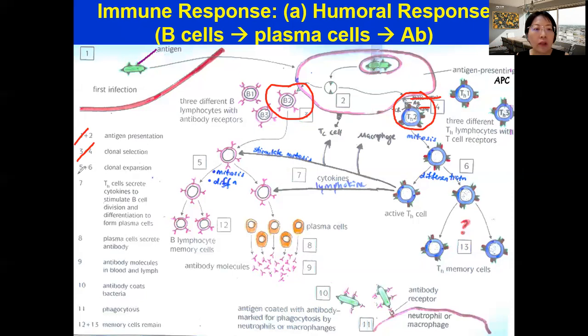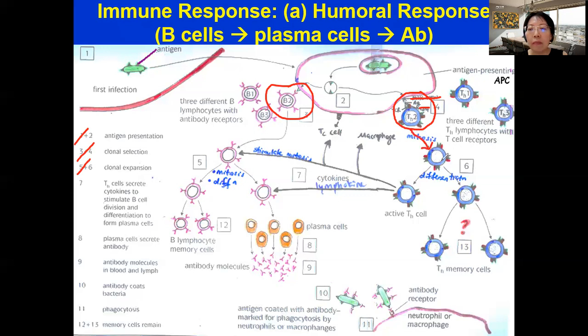After clonal selection is clonal expansion. When you see the word expansion, it means increase in size or increase in number, right? So we're going to increase the number of the cells that are selected. How? Step 1, the selected T helper cell will divide by mitosis first.